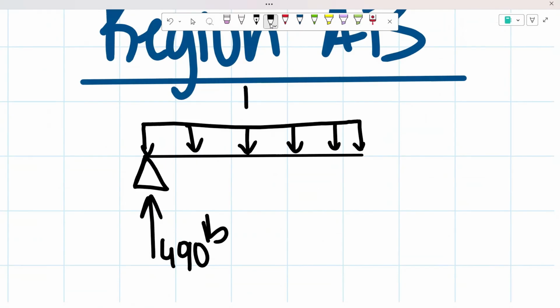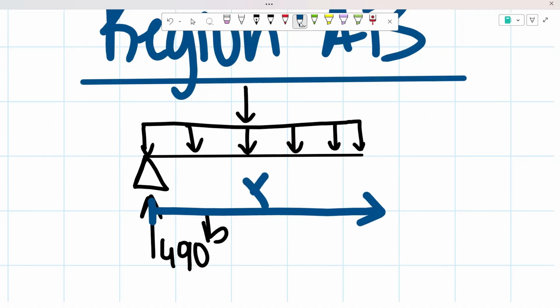We don't know what that concentrated force is going to equal because we don't know how far this cut is, since we're just putting the span as x1. But what we do know is that this concentrated force is equal to the 50 pound-feet multiplied by x1. And we know that our cut is right here.